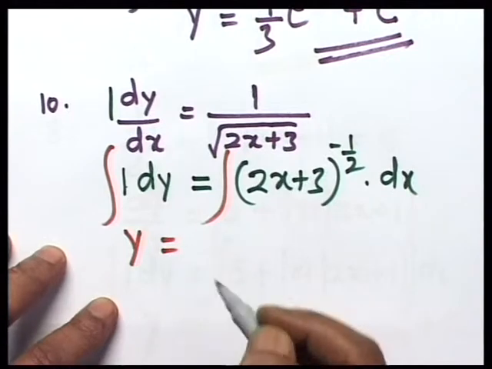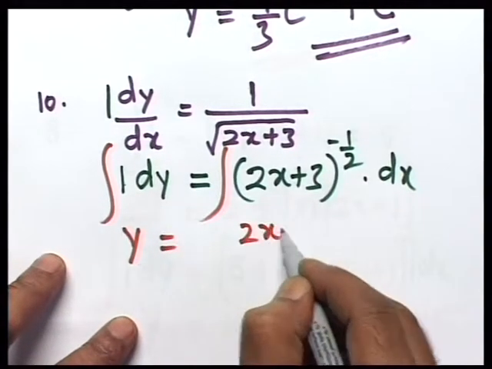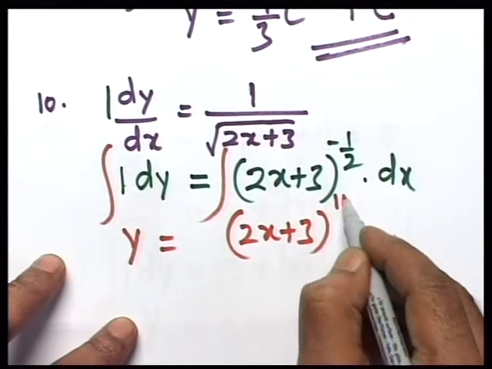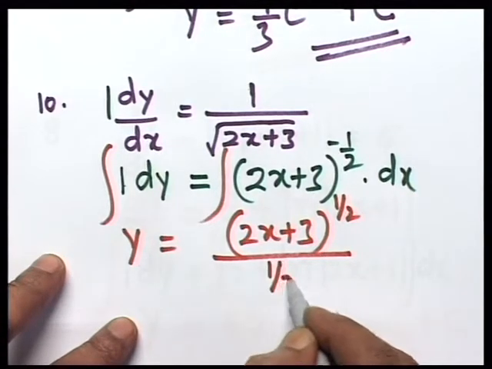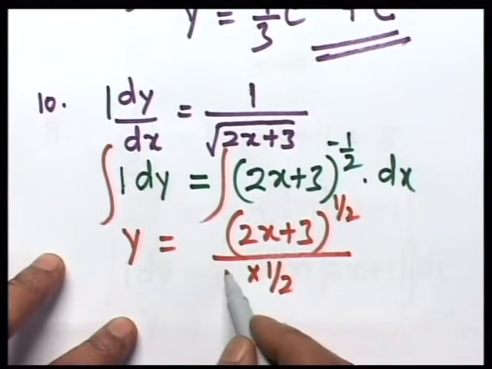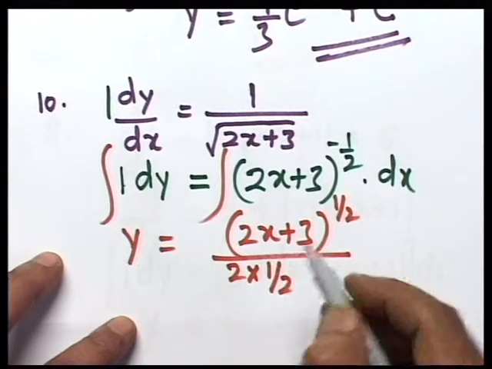y equals the integration of this, 2x plus 3 to the power minus half plus 1, which is a half, divide by minus half plus 1, a half there, and also times by, you differentiate this, right? You get a 2. Reverse of the chain rule. Done.